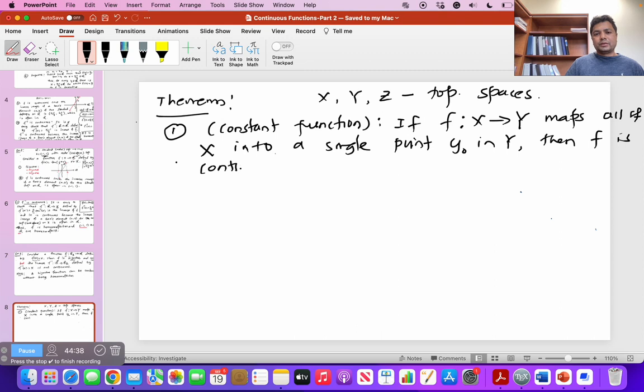Okay, so if you have a function which maps the entire domain into a single point in the codomain, then that function is called a constant function.